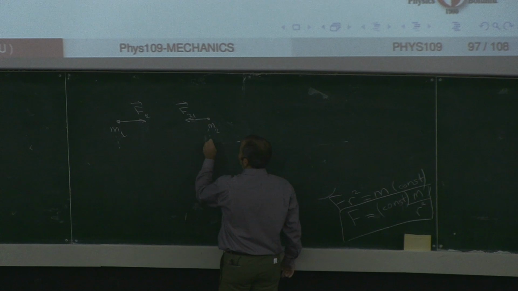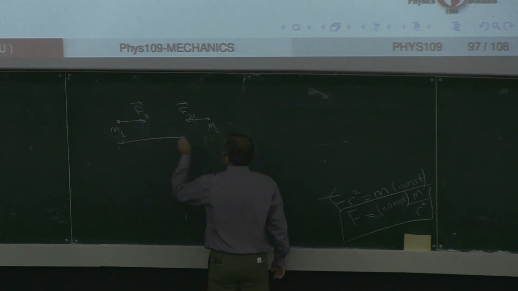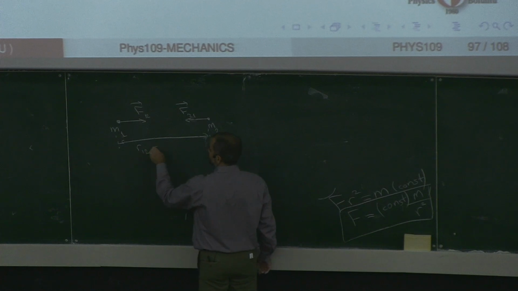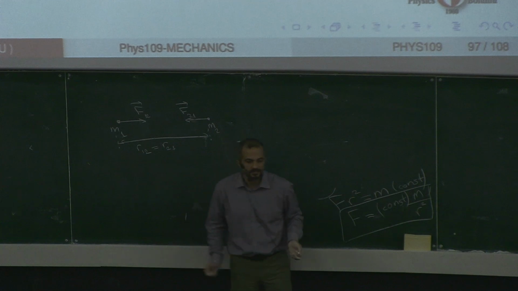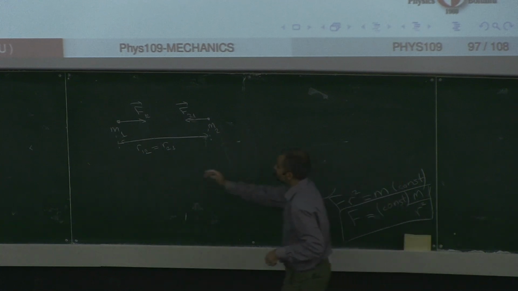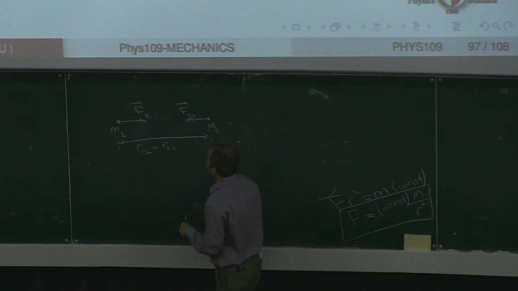This distance I can define as the distance of the first mass from the second mass, or the distance of the second mass from the first mass. It just means the same thing. Just for notational consistency, I will have these two definitions.